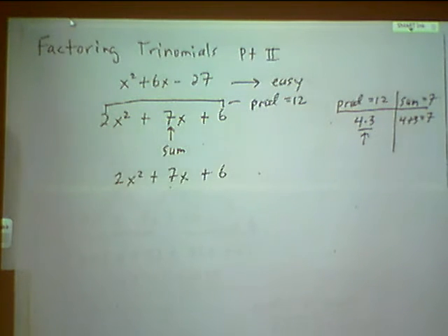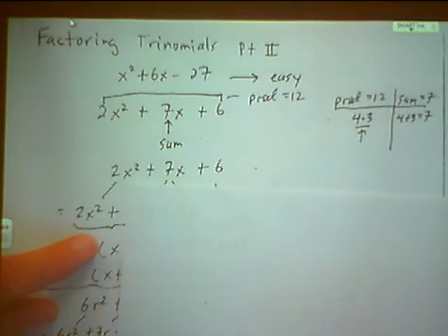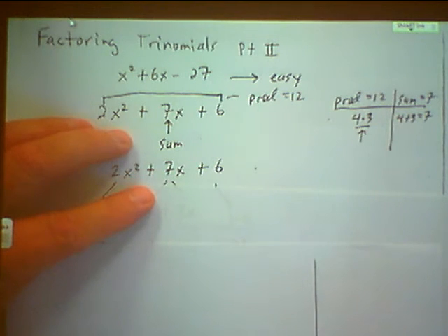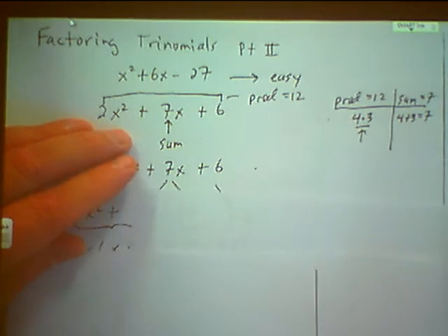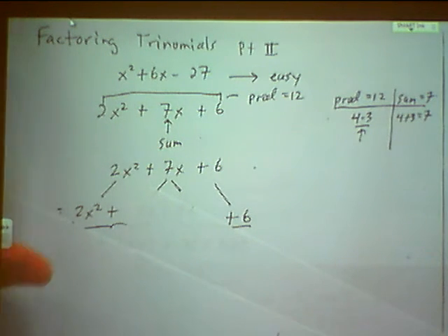We basically take the original trinomial, and then you rewrite the first and last term. So in a minute, you're going to see that I basically rewrite the 2x squared, and also the plus 6.